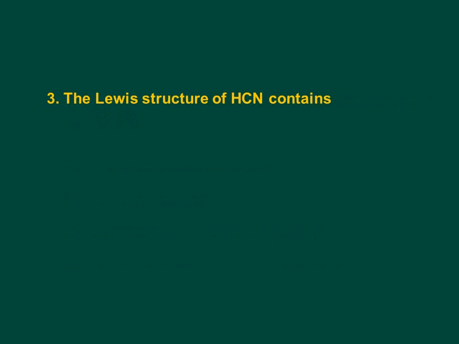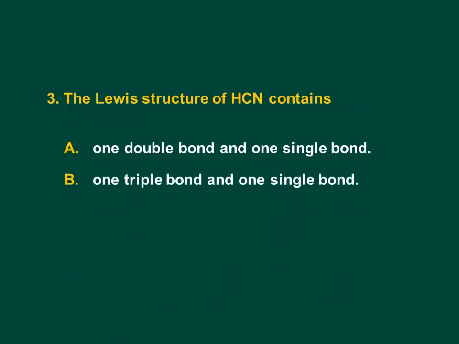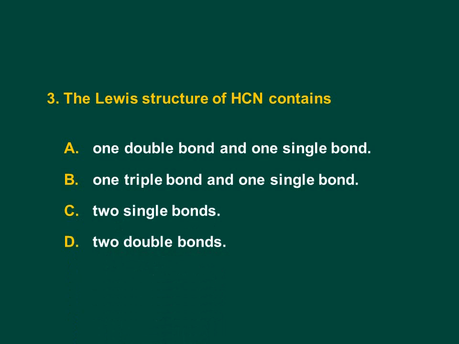Question 3. The Lewis structure of HCN contains one double bond and one single bond, one triple bond and one single bond, two single bonds and two double bonds. HCN: one atom of hydrogen, one atom of carbon and one atom of nitrogen.